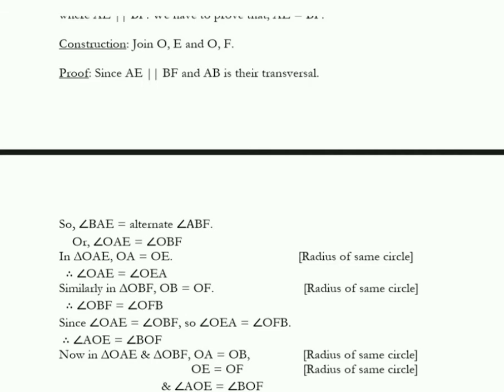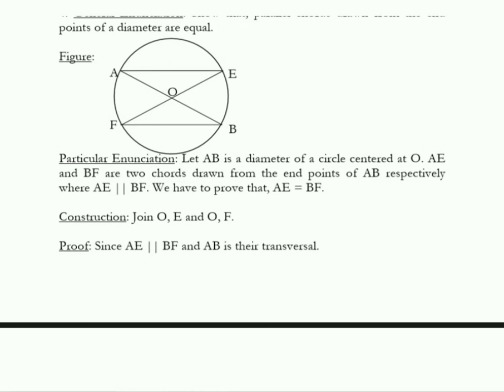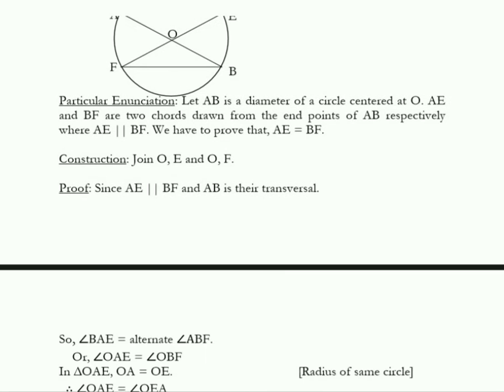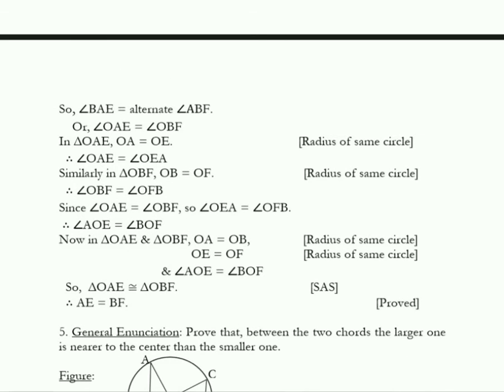So it is proved angle OEA and OFB are equal. Now if you look in the figure, this angle equals this angle, this angle equals this angle. Already two angles from both triangles are equal, so the third angle should also be equal. So we can write angle AOE equals angle BOF.